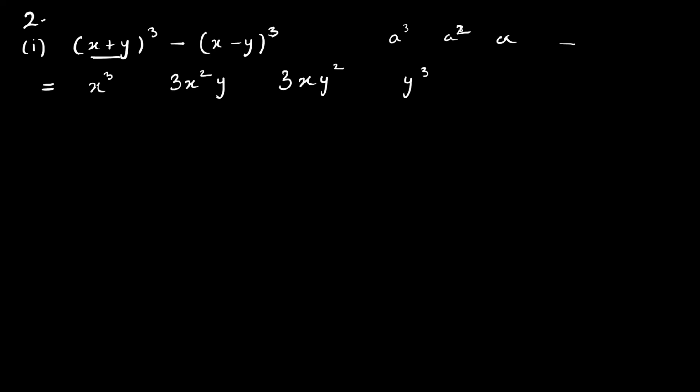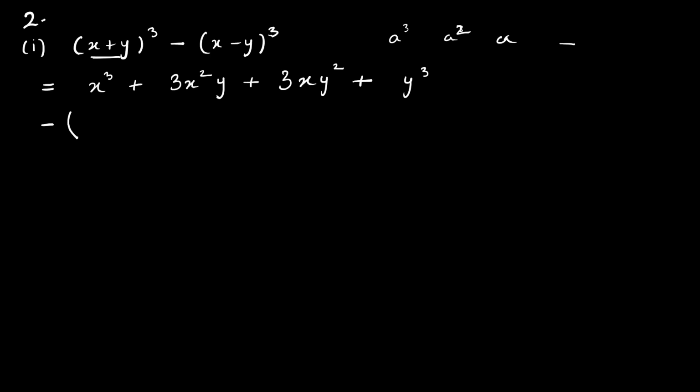What will be the signs for all of them? There is plus in between, so all will be plus. Then can you see there is minus in between? So I'll put minus here. Then there's a bracket, right? Below the equal sign, I'm putting minus.